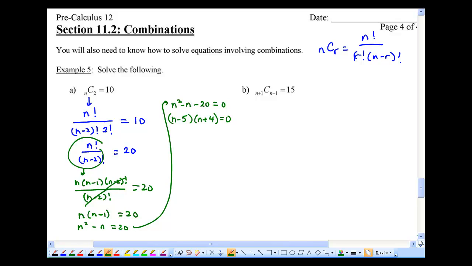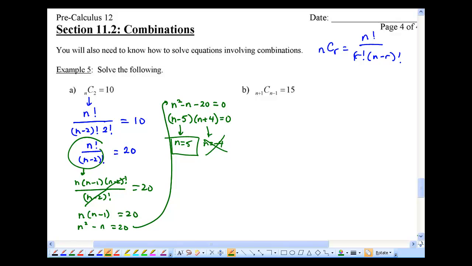That's my factoring. I hope that matches up with yours. Solving, we get n equals 5. Here you get n equals negative 4. And remember how n has to be a natural number, so goodbye negative 4. And therefore the only solution is n equals 5. Alright?